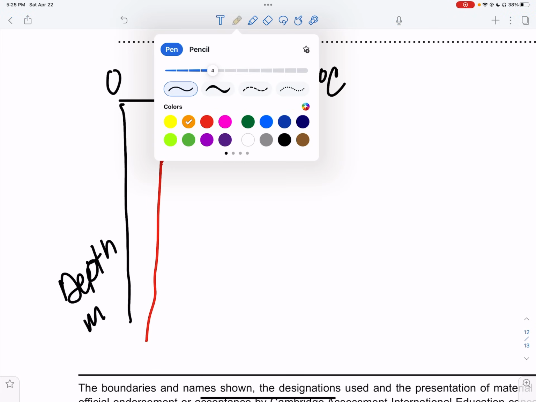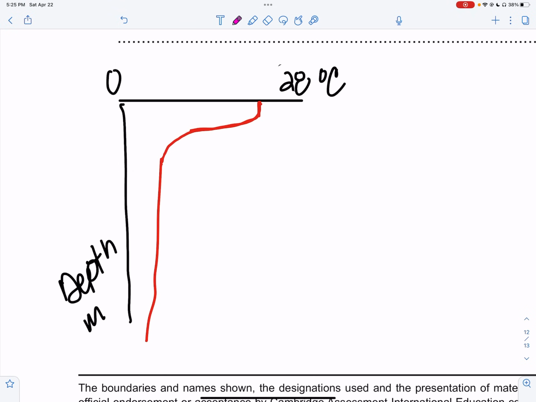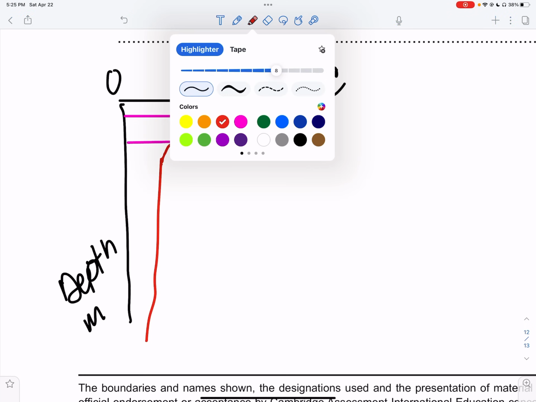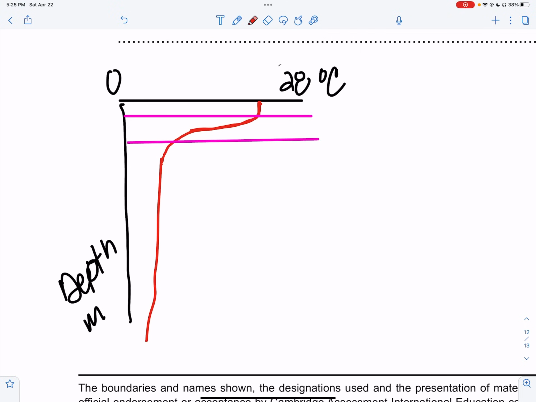Okay. And just like we would do in class, I will identify the thermocline. Actually, not even quite there. It's a little bit more. Okay, so pretty much right here, and we would put a ruler up against this.